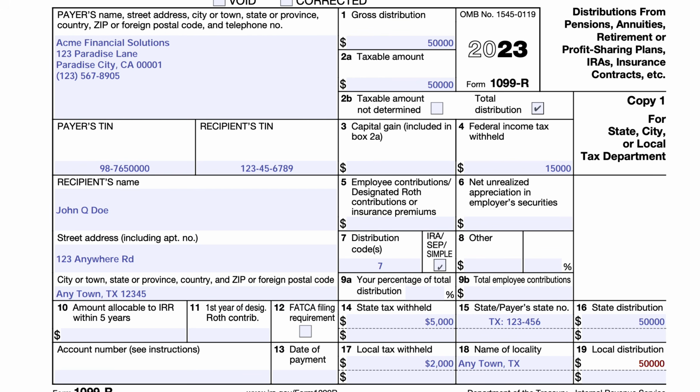So that is a fairly brief overview of Form 1099-R. It can be a lot more complicated, particularly if you do have any of these moving pieces that we didn't get too deep into because this was a traditional IRA distribution. These distribution codes, there are a lot of them.